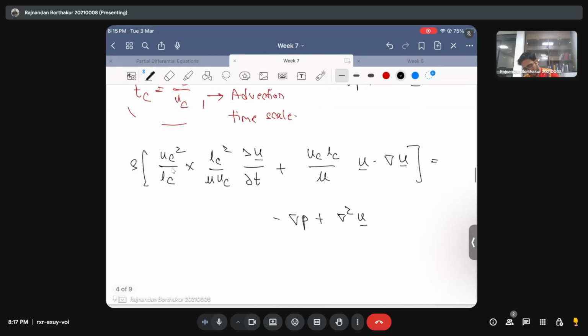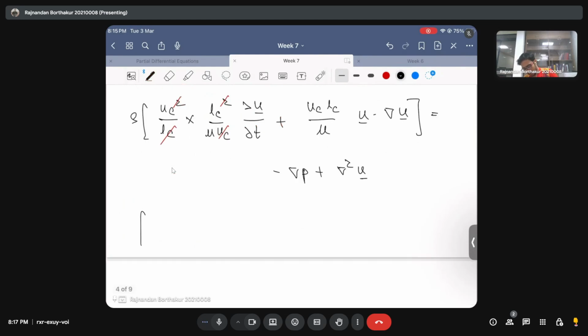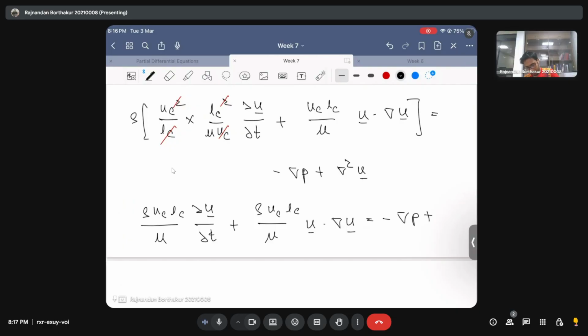So this term is rho times UC LC by mu times del U bar by del T, plus rho times UC LC by mu times U dot grad U, equal to minus gradient of P plus del squared U.